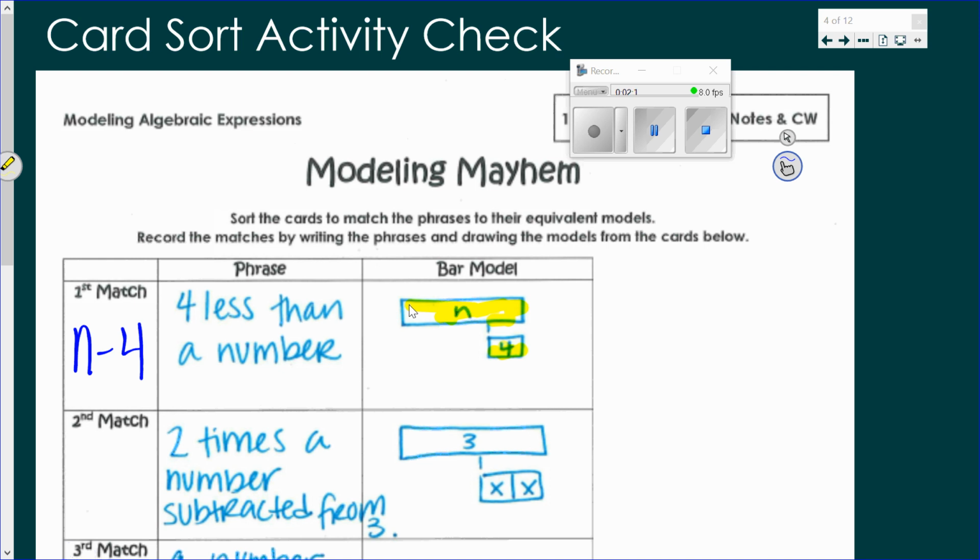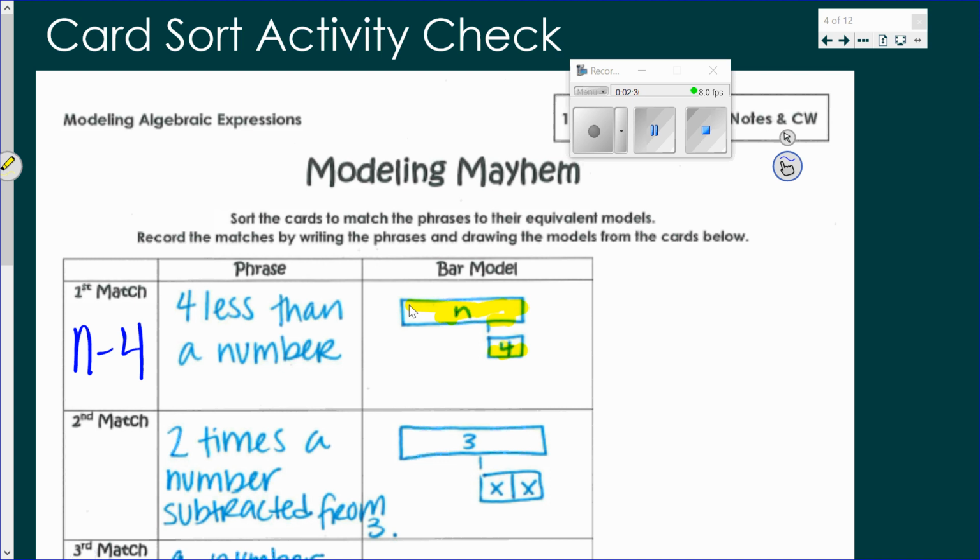Perfect. I need to know what that number is, what N is. What if I told you guys that N is 10? What would your answer be? 6. Perfect. Okay? That's kind of what we're moving into. We're going to be moving into writing expressions and then solving or simplifying them. Okay? So 4 less than a number. That's our first example. Next example.